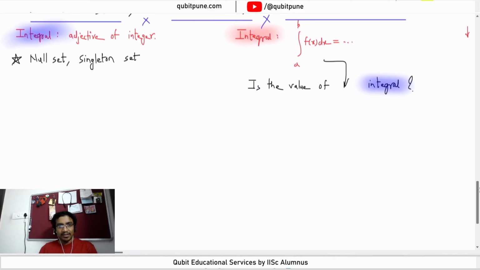Does anyone know what is a null set and what is a singleton set? Yes. No elements. Singleton set: only one element. Any examples for a null set? Any example of a singleton set?